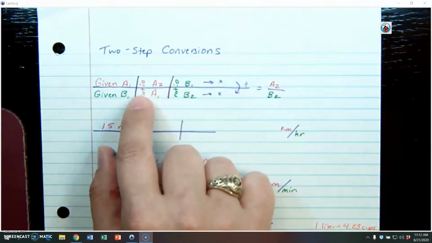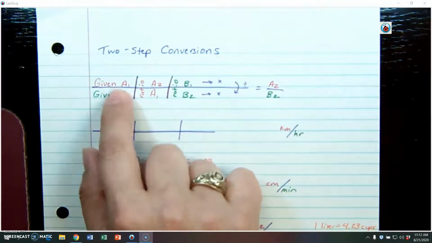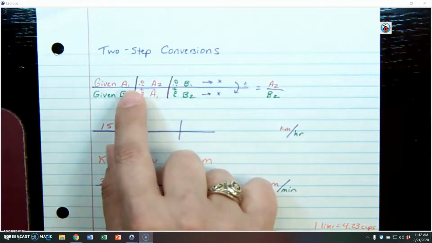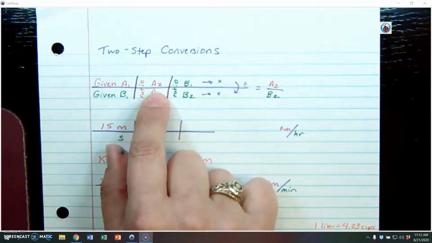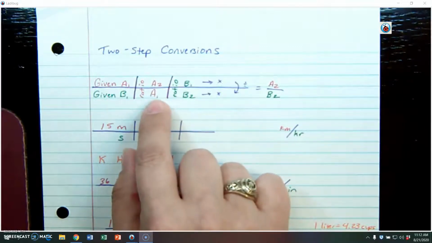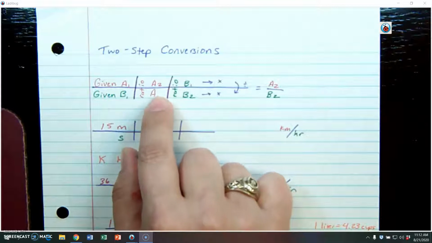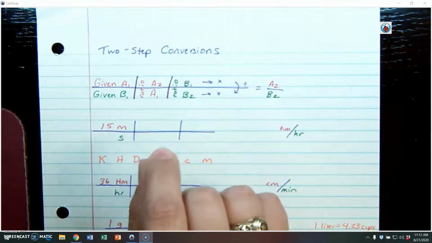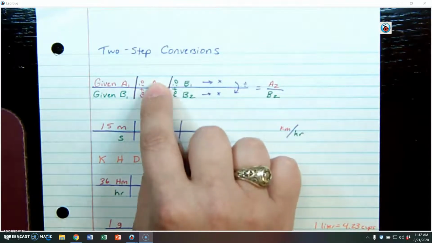The very first box after your given is going to be where we put the ratio between Unit A previously and Unit A what we want it to be. So in the case here, we might go from meters to kilometers, we might go from seconds to hours, but we want it to stay the same type of unit. If we're using distance, keep using distance. If we're using time, keep using time. Don't mix them up. You can't have so many hours in a mile.